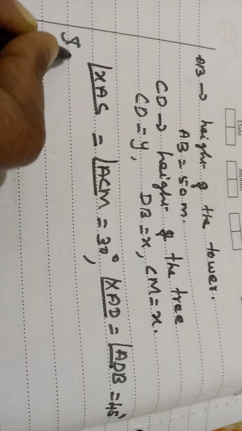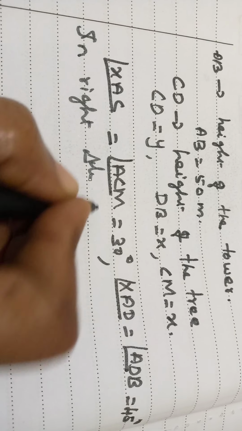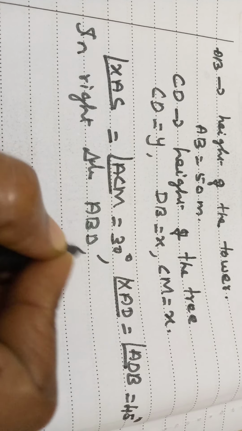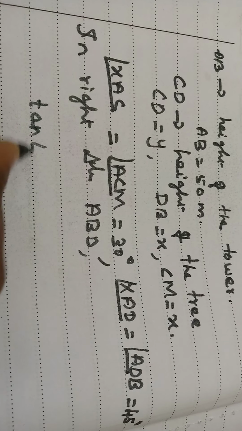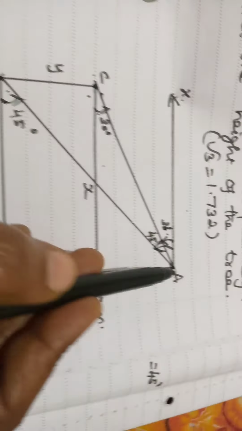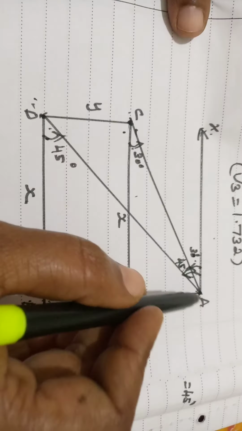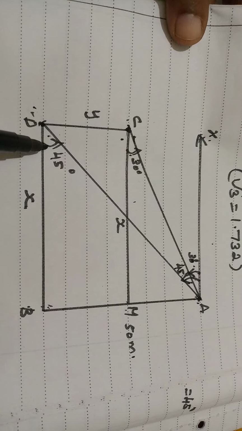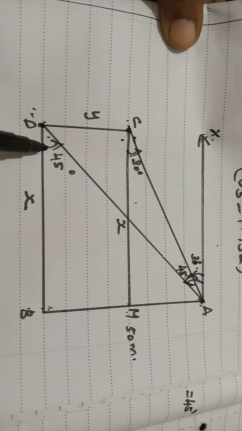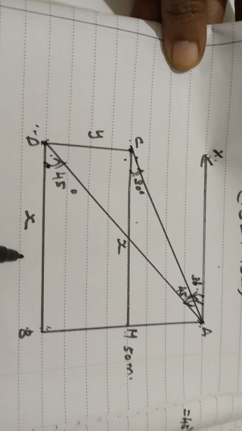Now in right triangle ABD, tan 45 let us take, tan ratio. Why? Right triangle ABD, this right triangle we are taking. Here angle is given 45 degree, so we are going to find this adjacent side.